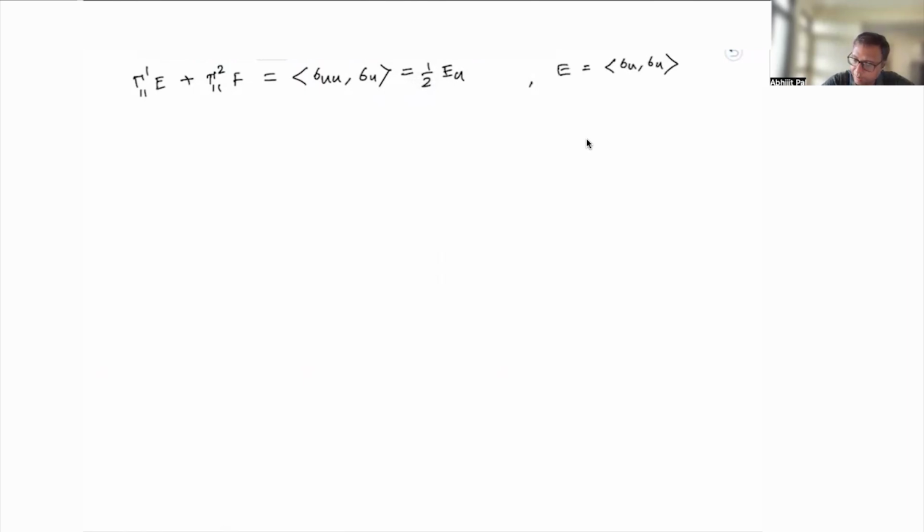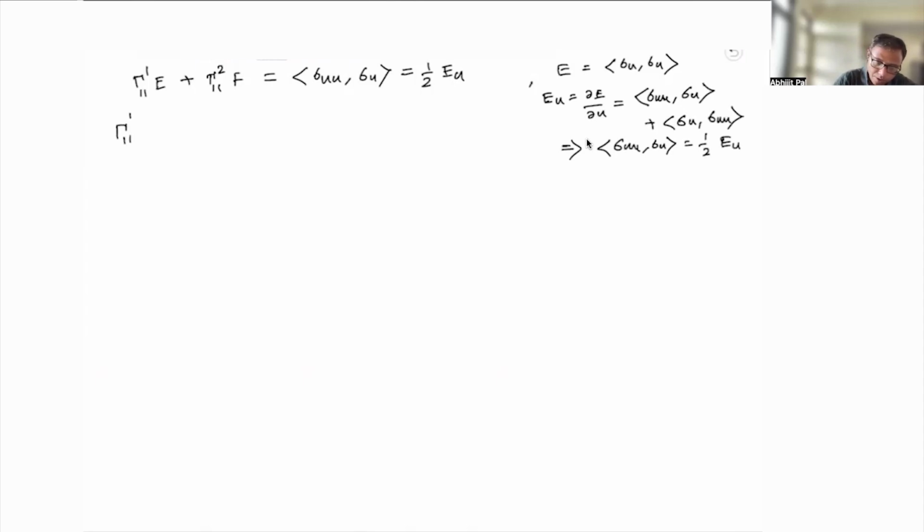Now if I take the partial derivative of E with respect to u, we get the inner product of sigma uu with sigma u plus the inner product of sigma u with sigma uu. Therefore, the inner product of sigma uu with sigma u is equal to half of Eu. Okay, and similarly we'll get this equation also.